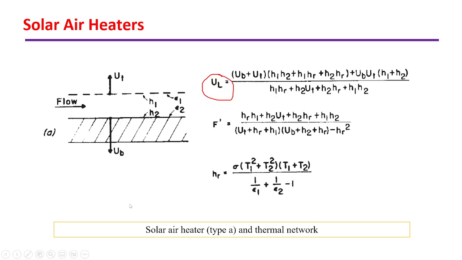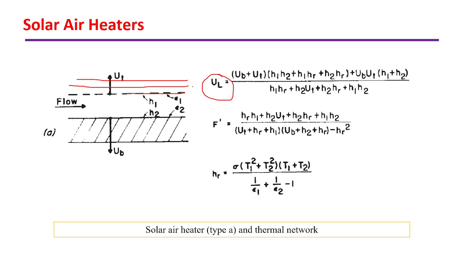There are typically two types of systems. The system classification is based on the absorber plate, insulation, top cover, and one more additional cover. The classification goes to four or five different types.